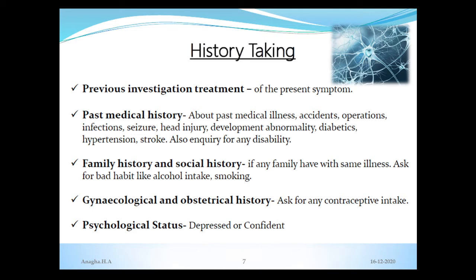In most cases, even without taking a CT or MRI, we can pinpoint where the lesion is to some extent. In 70 to 80% of cases we can get the diagnosis through the history and proper examination only. So history taking and proper performance of the examination is very important.